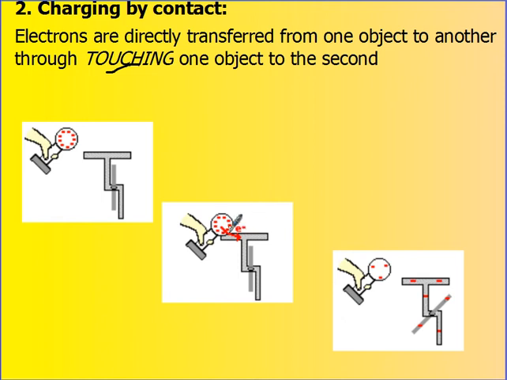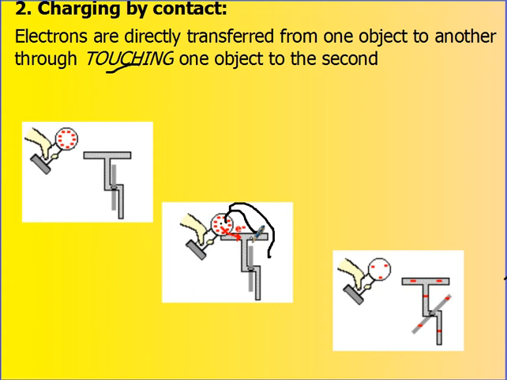If it were a metal or a conductor, then some of the electrons would come from here and spread out nice and evenly all over my conductor here.